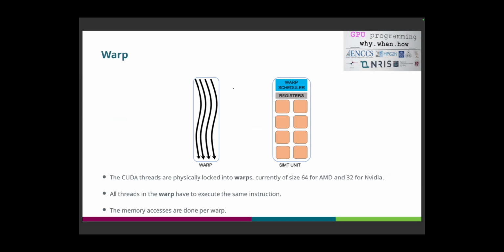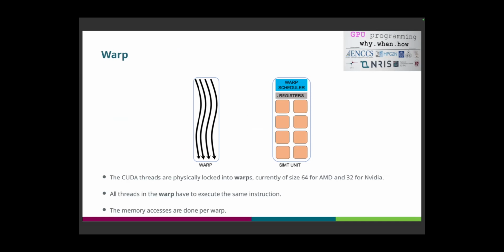Some other things we see here: in the SIMT unit we have these registers. These registers are a type of very fast memory, and each thread gets a few of these registers where it stores its own internal variables. And we want to keep the operations that are done by each thread small and light, so that we don't fill up these registers.